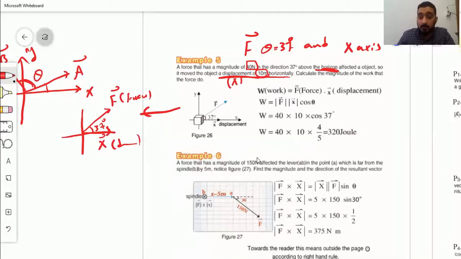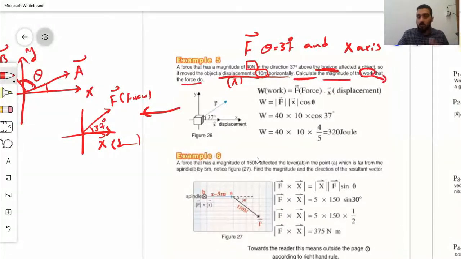The second point: calculate the magnitude of the work that the force does. Now, I need to focus on this. Calculate the magnitude of the work.